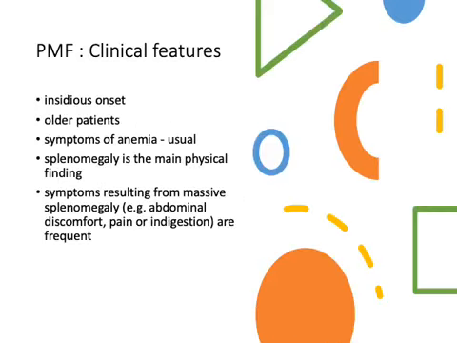Most patients are older. It has an insidious onset, but at the time of diagnosis, most patients will have anemia. Splenomegaly is the main physical finding, with symptoms resulting from massive splenomegaly including abdominal discomfort, pain or indigestion, as well as early satiety.